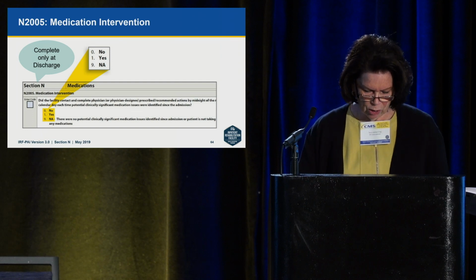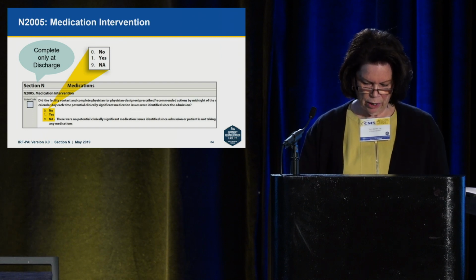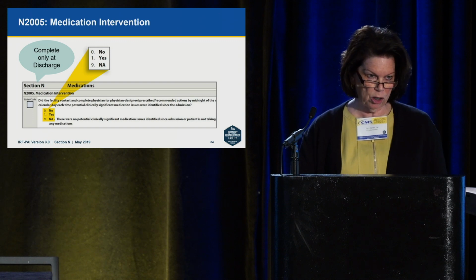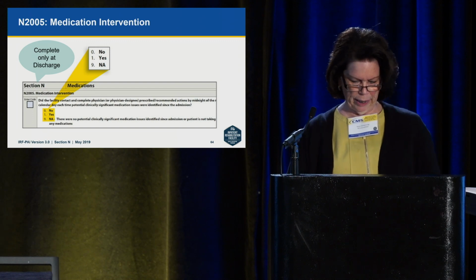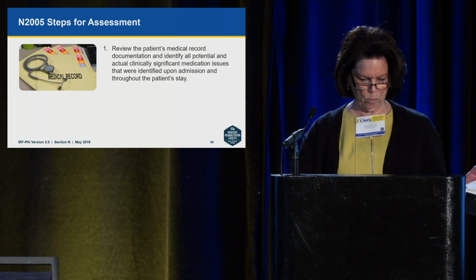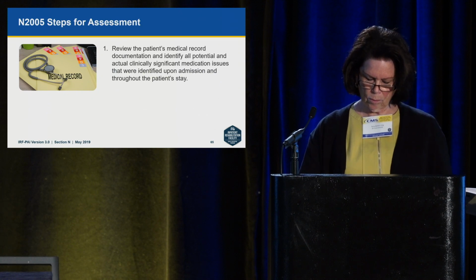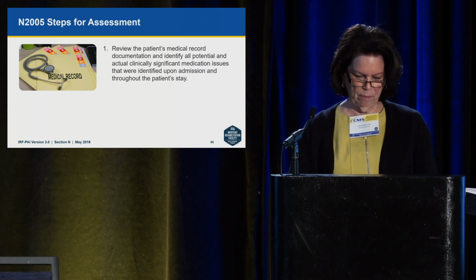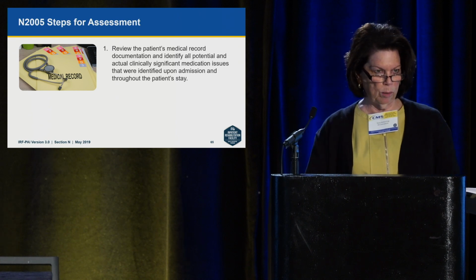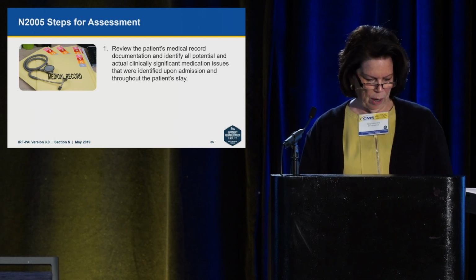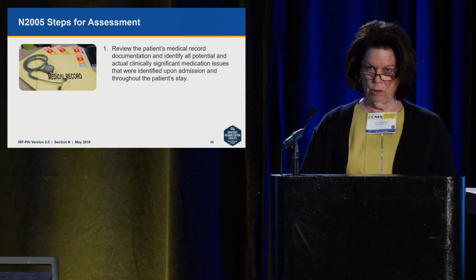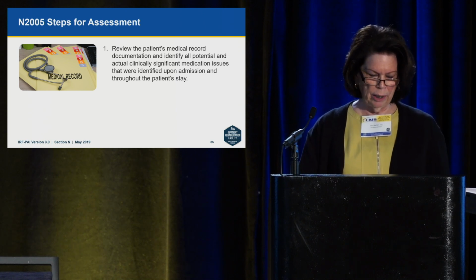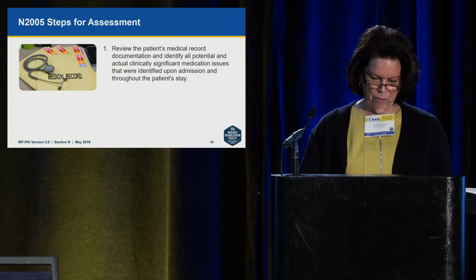9 is used if there were no potential clinically significant medication issues identified since admission, or the patient is not taking any medications. So the steps for completing N2005 are very similar to what you do for N2001 and N2003 in terms of the documentation that you're going to review.